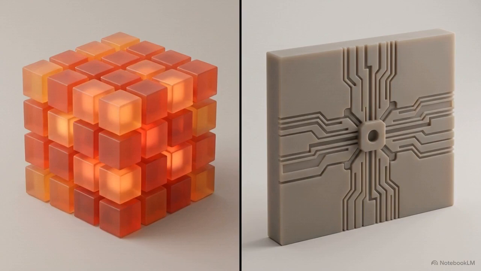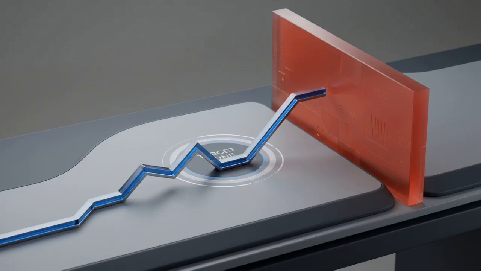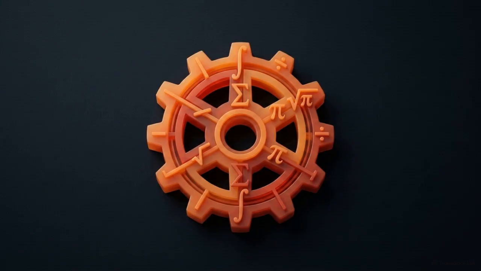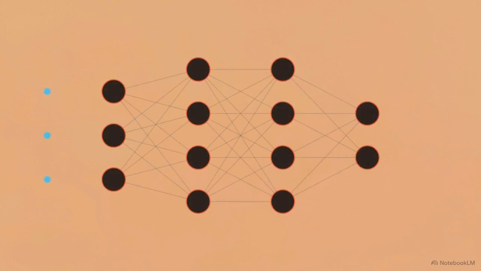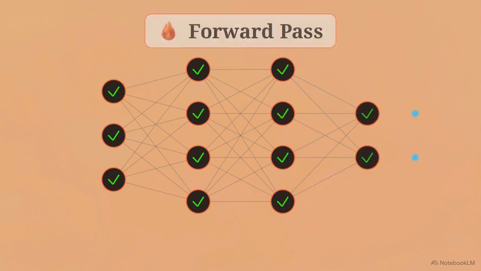So you have your data and your hardware ready. But for the model to improve, it needs a way to realize it made a mistake and then actually fix it. The engine that handles this is called autograd. It acts as a silent bookkeeper, quietly tracking every single mathematical operation that occurs as your data flows through the model. When you feed data into your model, it travels through a web of connected layers in what is called the forward pass.